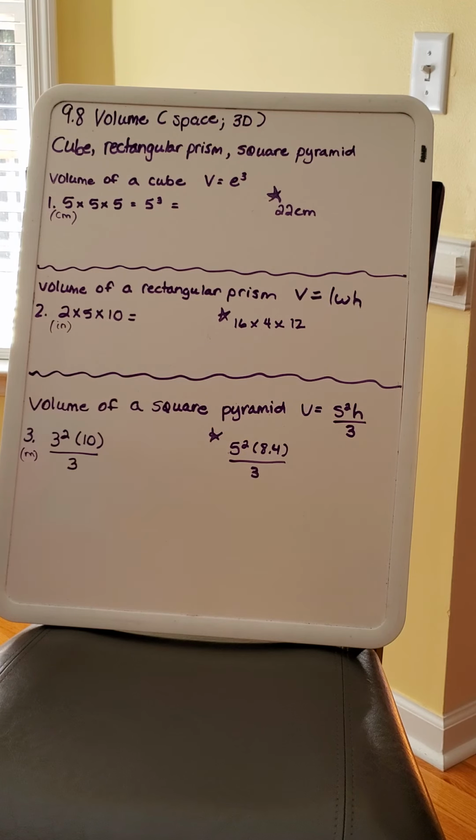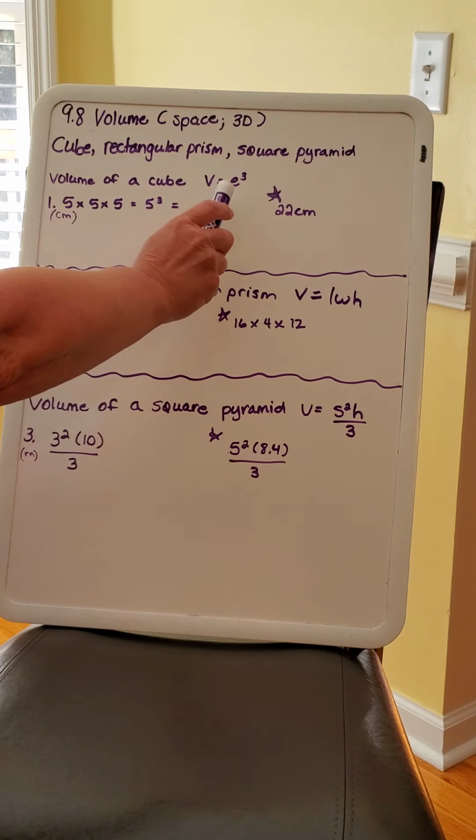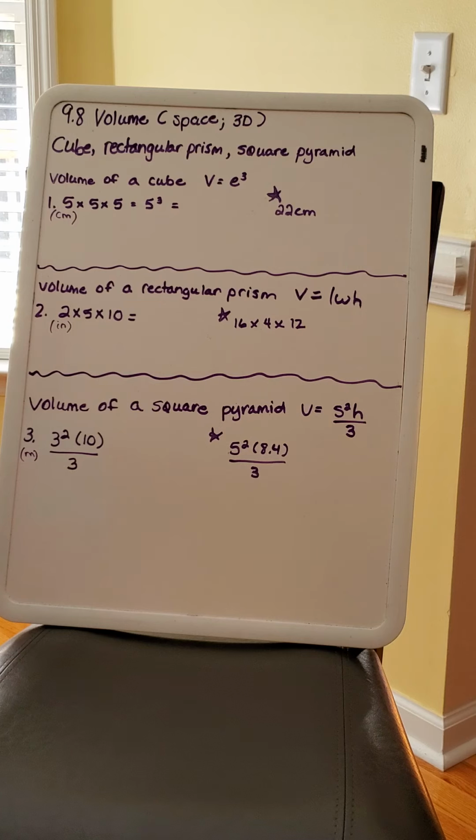With the cube, all the edges or all the sides are equal. So that's why volume is equal to e cubed. Each edge is the same, so you're basically going to take that edge, whatever it may be, and cube it. Number one, on page 262 in your book, has a picture of a cube with 5 centimeter sides.